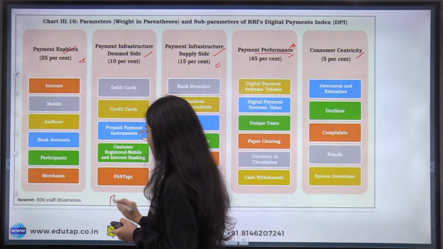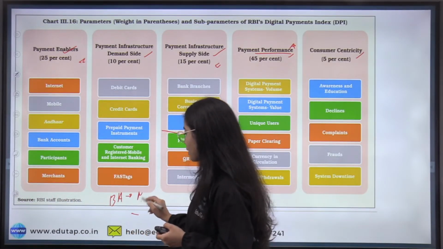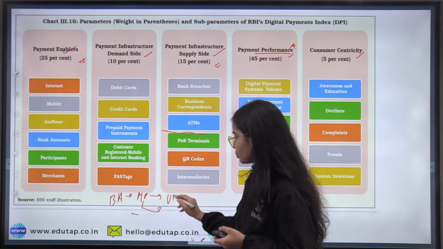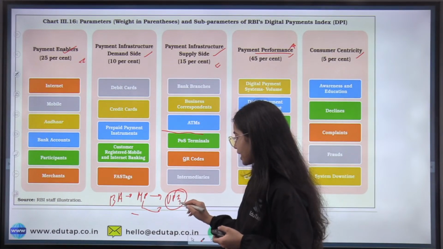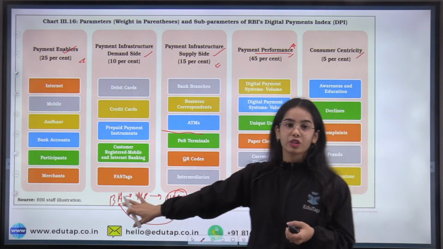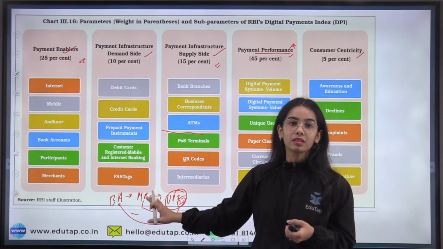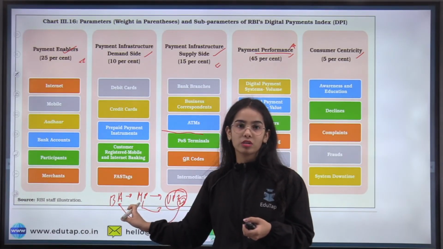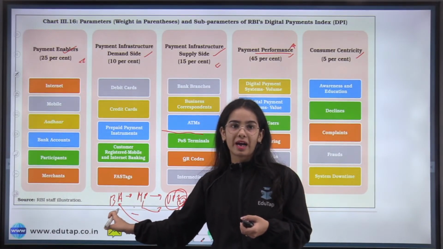Let's say you have a bank account connected to your mobile phone; through that you can have a UPI ID, and you can connect your UPI system with your bank account. Then you can make UPI payments through your mobile phone and the bank account that you have.